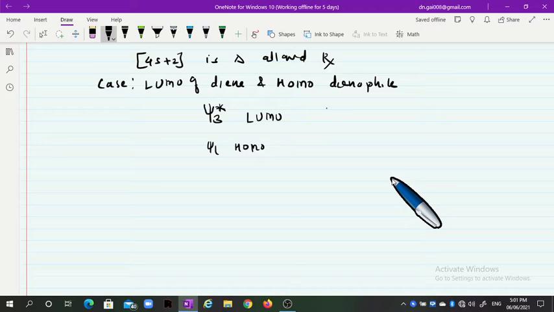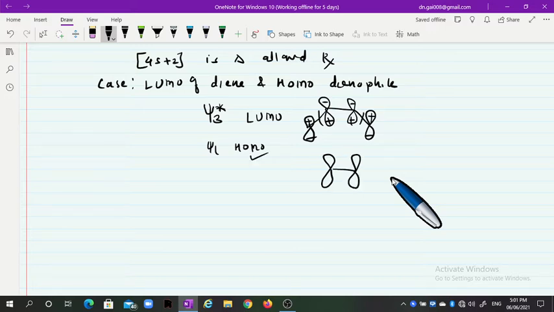For Psi3 star we can draw the orbitals. The number of nodes for Psi3 star is 2: positive, negative, node, negative, positive, node, positive, negative. For Psi1 in this case there is no node: negative, negative, positive, positive.